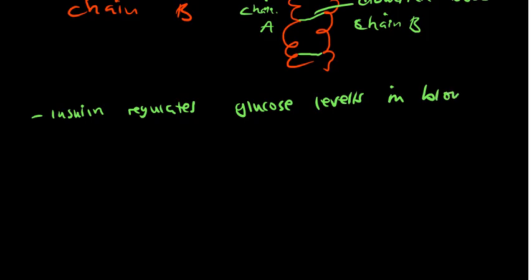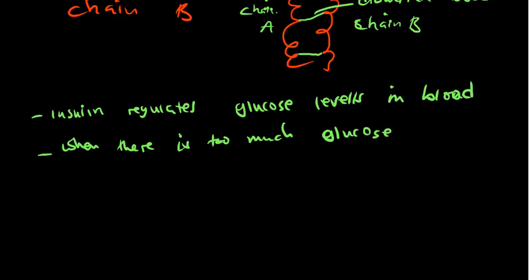So when there's too much glucose, insulin promotes formation or synthesis of glycogen, which is the storage form of glucose.